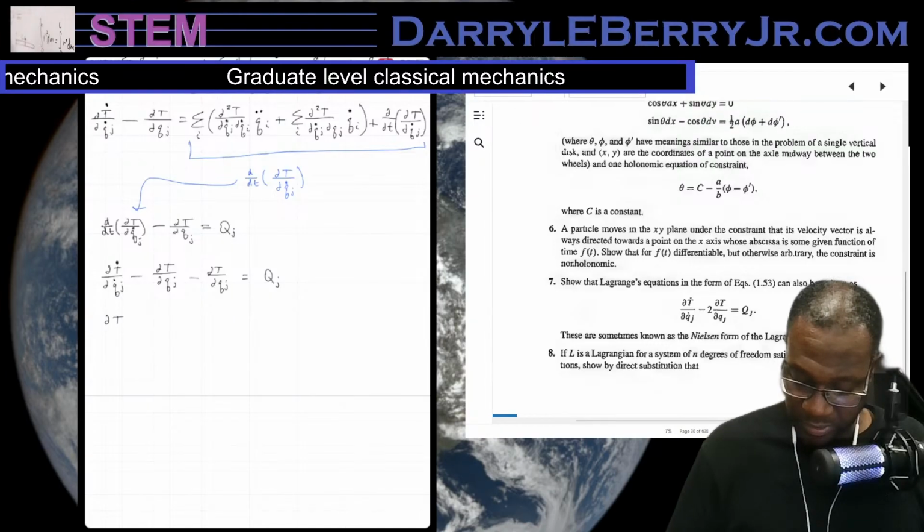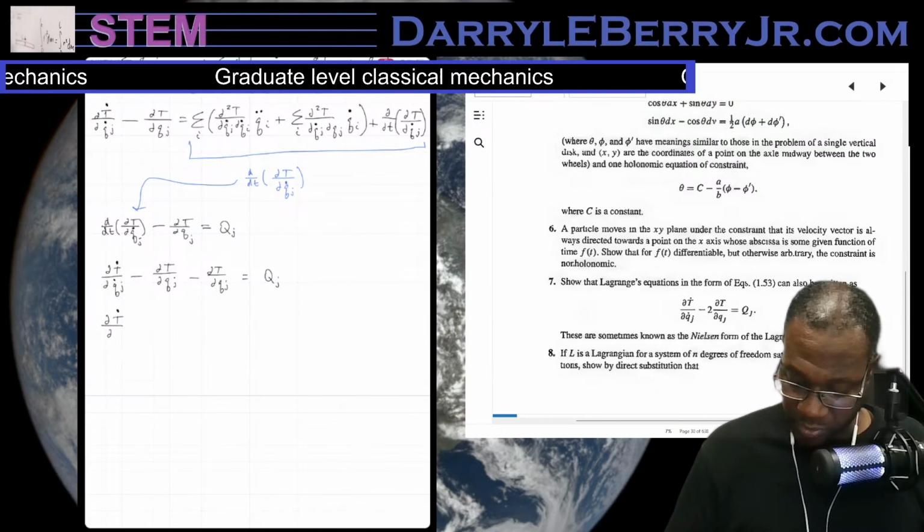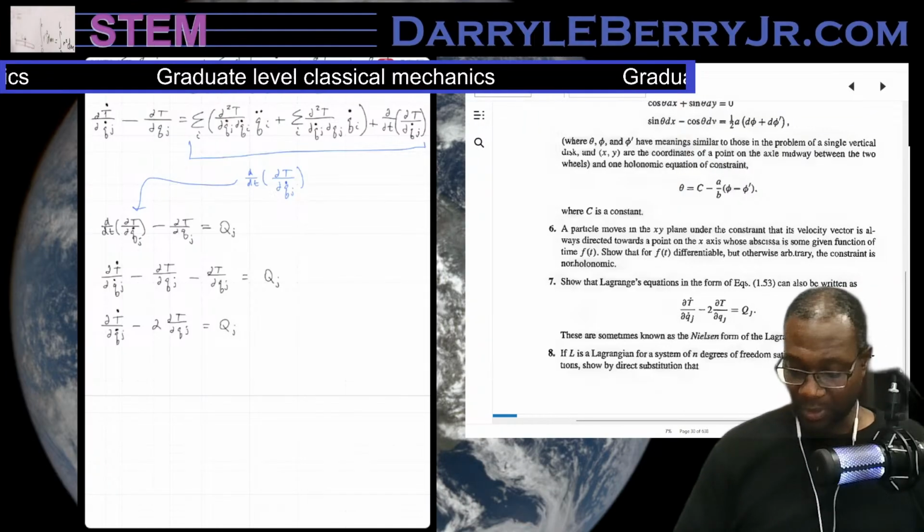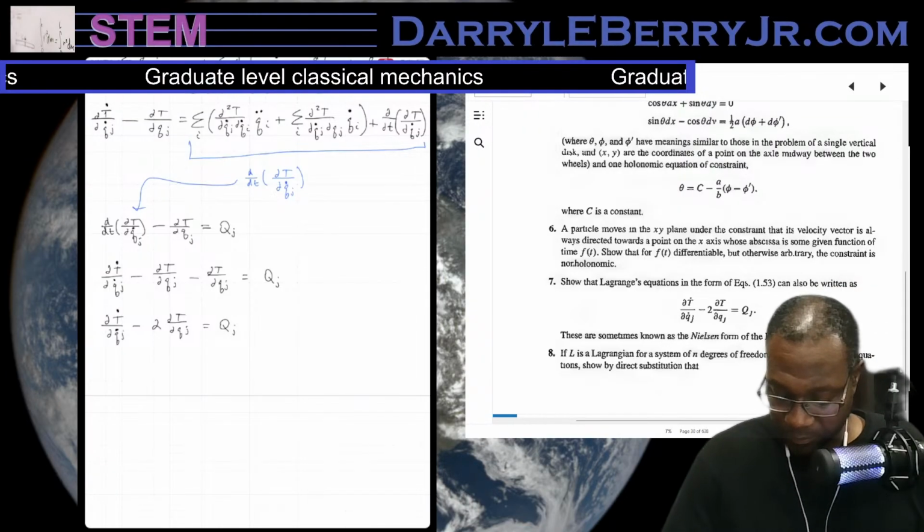So that's partial T dot over partial q dot j minus 2 partial T over partial q j equals Q j. That's what we wanted to prove from the start.